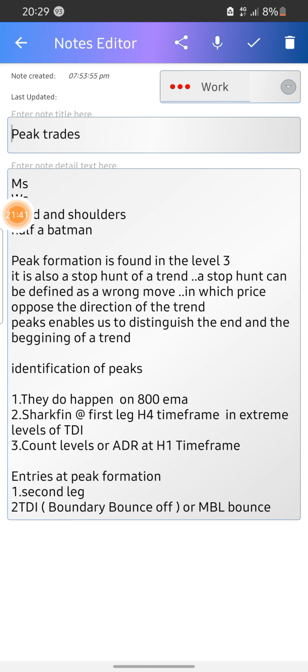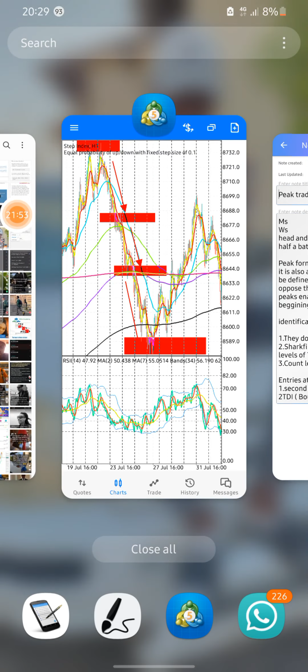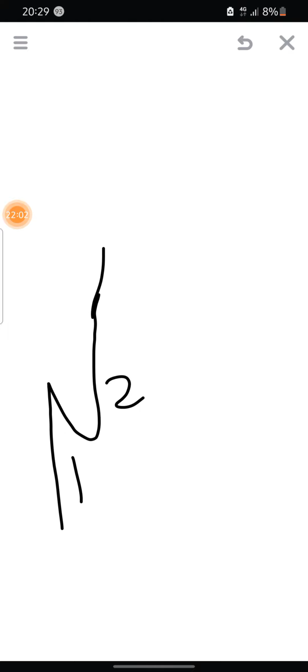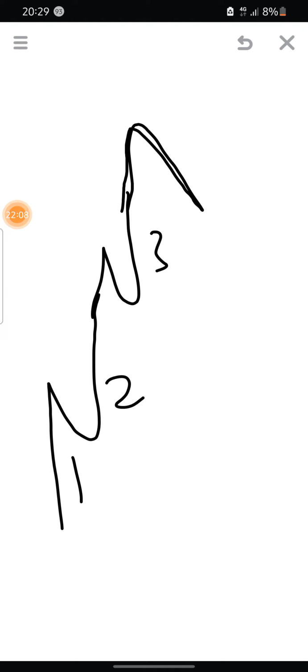Okay, usually I wanna tell you to enter peak trades at the second leg. Why? Let me give you something here. You see, having completed our first, second, and third level, right? The market might make this first leg. This is our first leg.